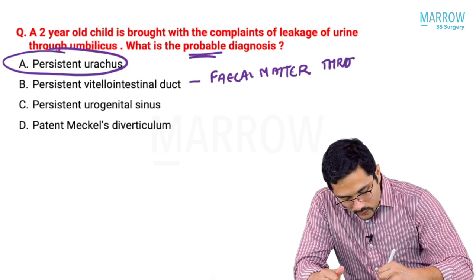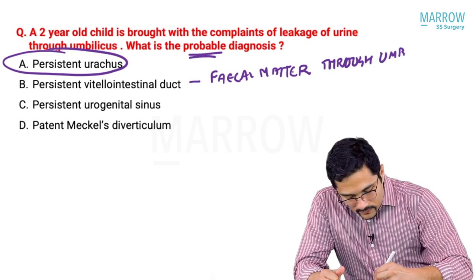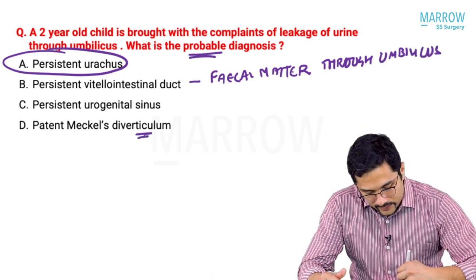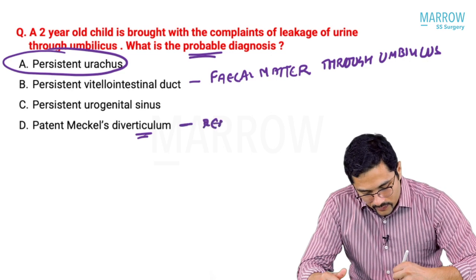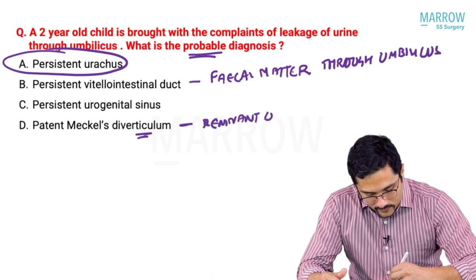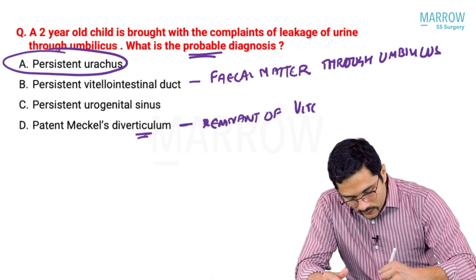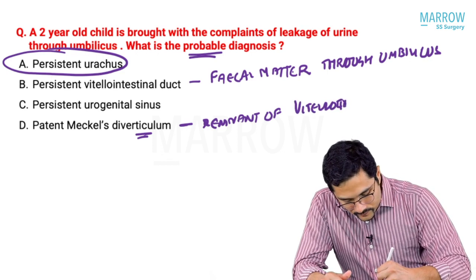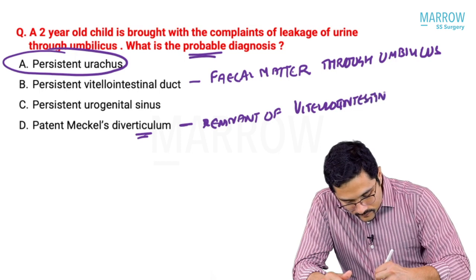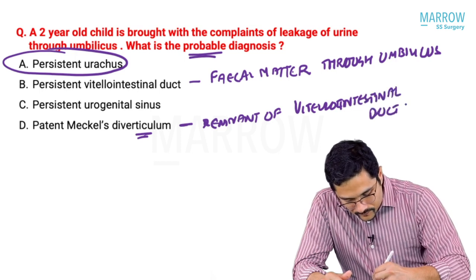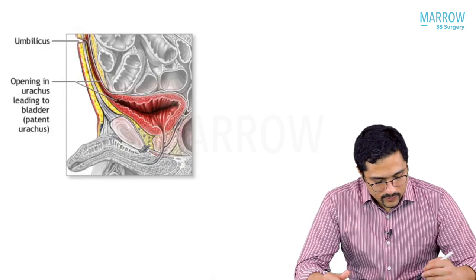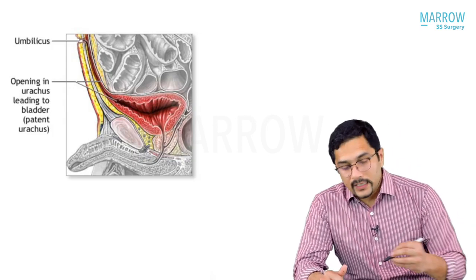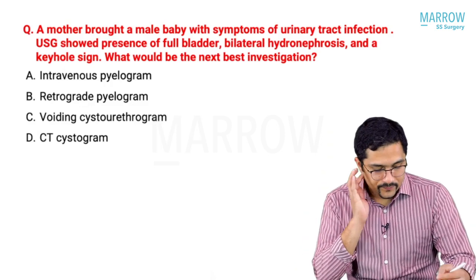So, fecal matter through umbilicus would be vitellointestinal duct, and Meckel's diverticulum is the remnant of the vitellointestinal duct. Here you can see a communication between the bladder and the umbilicus, that is the persistent urachus.